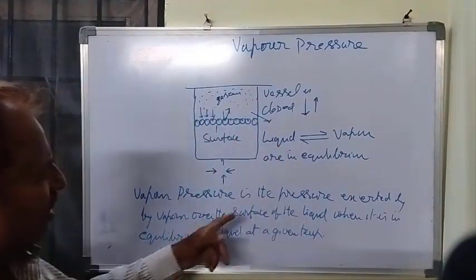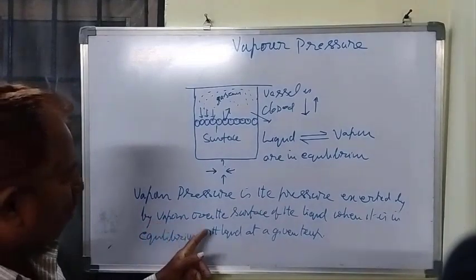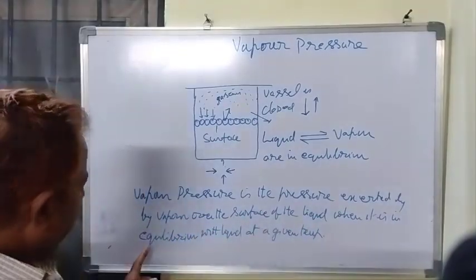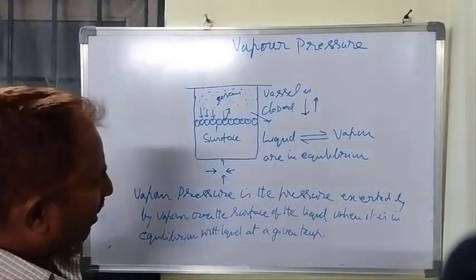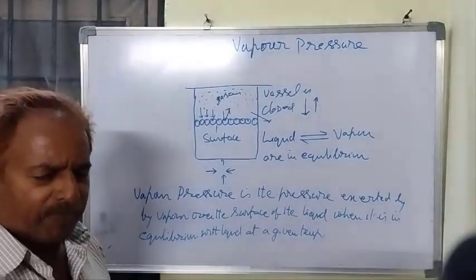Vapor pressure is the pressure exerted by vapor over the surface of the liquid when it is in equilibrium with the liquid at a given temperature, and of course this is the vapor pressure.